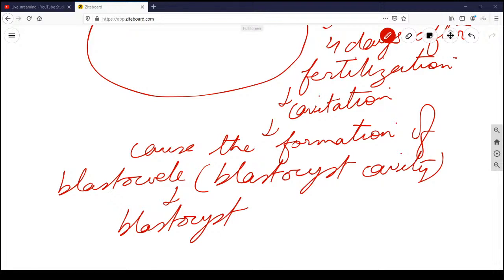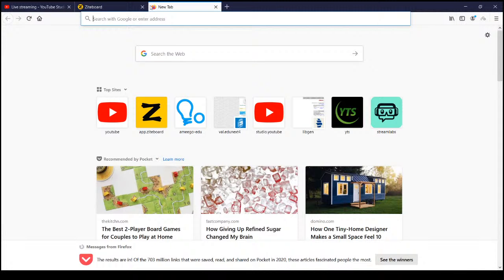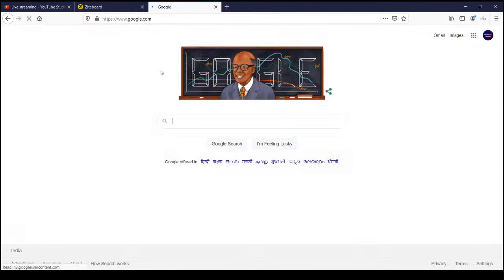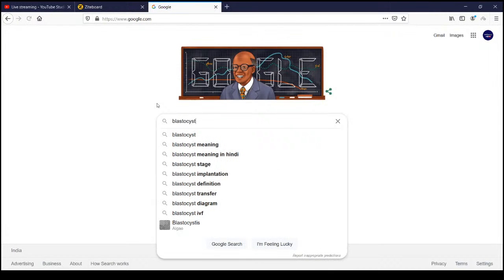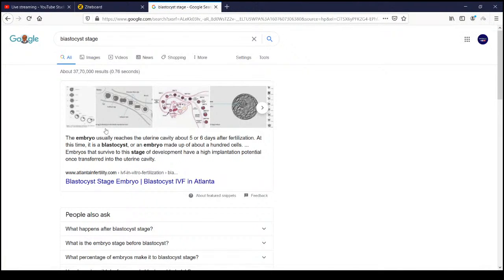Now at the blastocyst stage, I will try showing you the blastocyst stage diagram because it will be tough to draw here. Blastocyst stage, if I can show it to you.